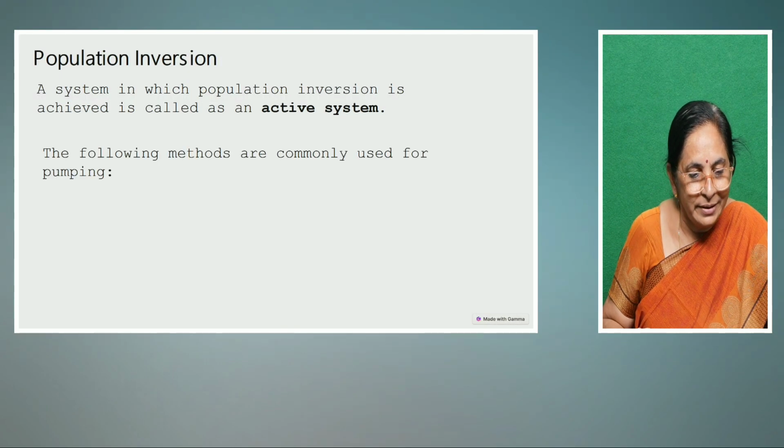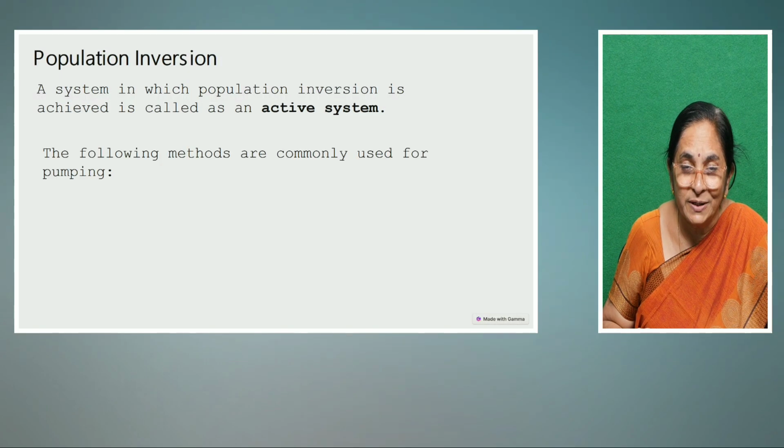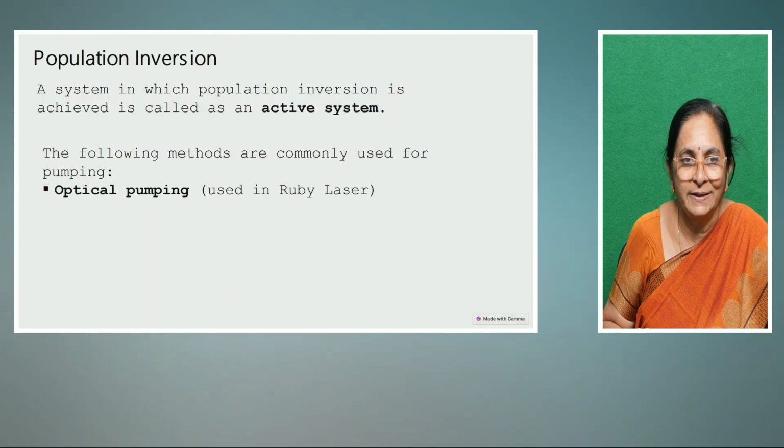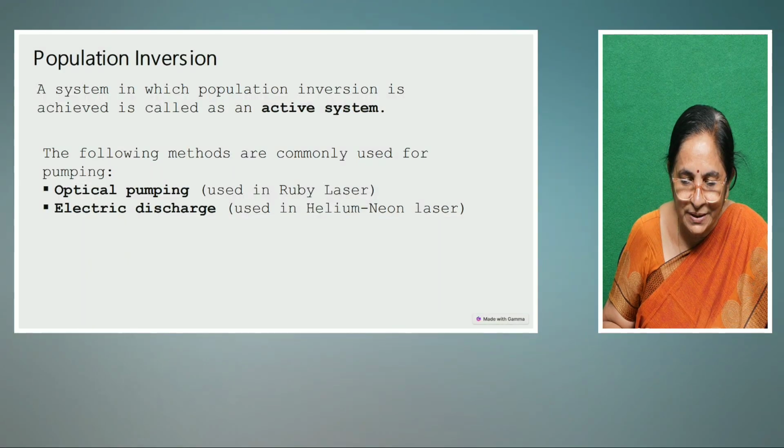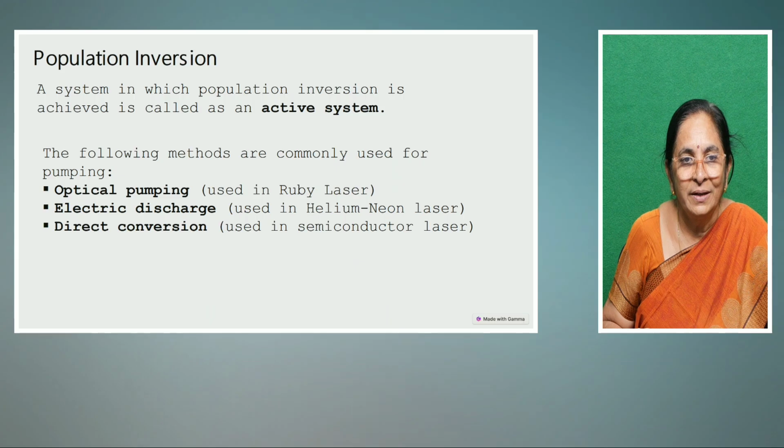Now, there are some methods to do this pumping, which take atoms from the ground state to the excited state. They are optical pumping; in the ruby laser, this method is used. Electrical discharge pumping method is used in the helium neon laser. Direct conversion: in semiconductor lasers, directly the conversion will be taking place.